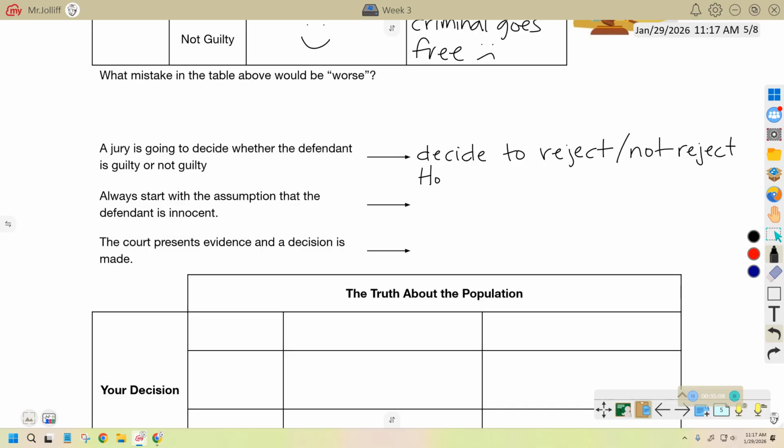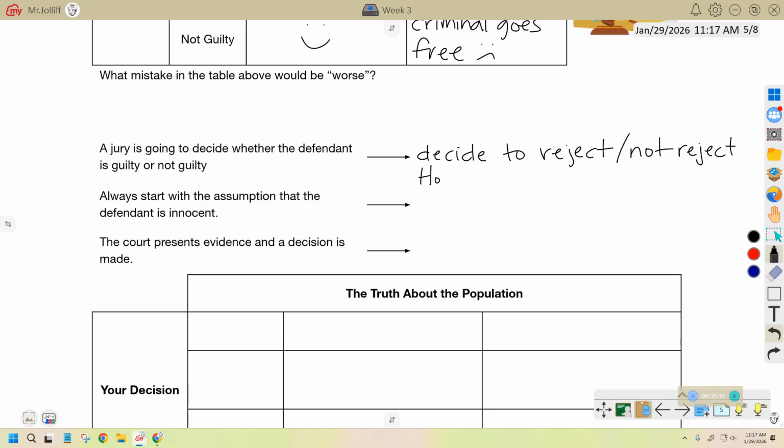Is after we've looked at all the evidence, do we reject or not reject the null? Never accept. Never the word accept, never the word correct, never the word true when it comes to testing. Dangerous words. We only use the phrases reject and not reject for the null.